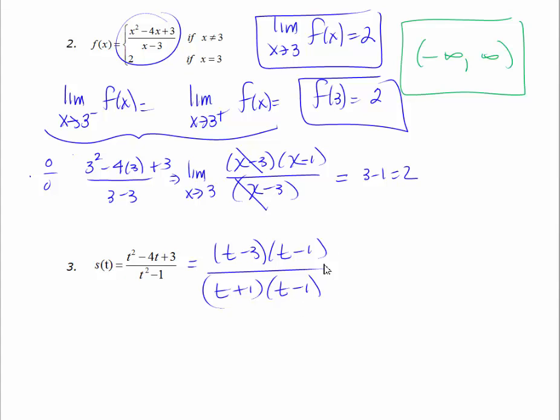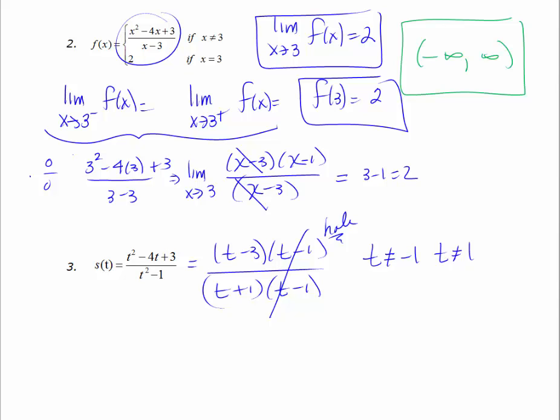So in this function, the values that are not in the domain are the values for which the denominator is equal to 0. So we know that t cannot equal -1, t cannot equal 1. At positive 1 we would get a hole, even though they're not asking us right now to do that. I'm just kind of elaborating here. And at t equals -1 we'd have a vertical asymptote.